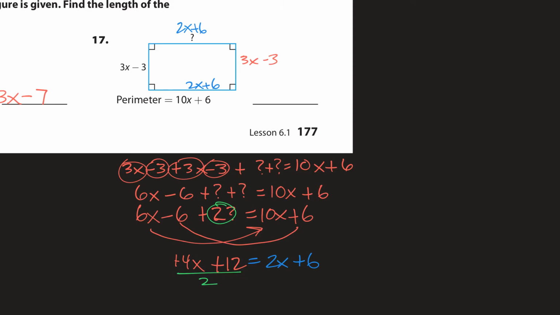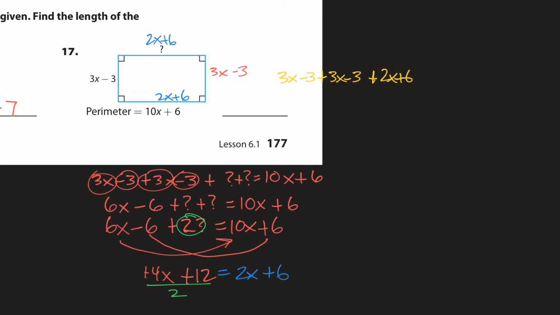And that should make sense at this point, because if I take the sum of all the sides, which is 3x minus 3 plus another 3x minus 3, plus the other 2 sides, 2x plus 6, plus another 2x plus 6. That is really messy. Then all this should equal 10x plus 6.